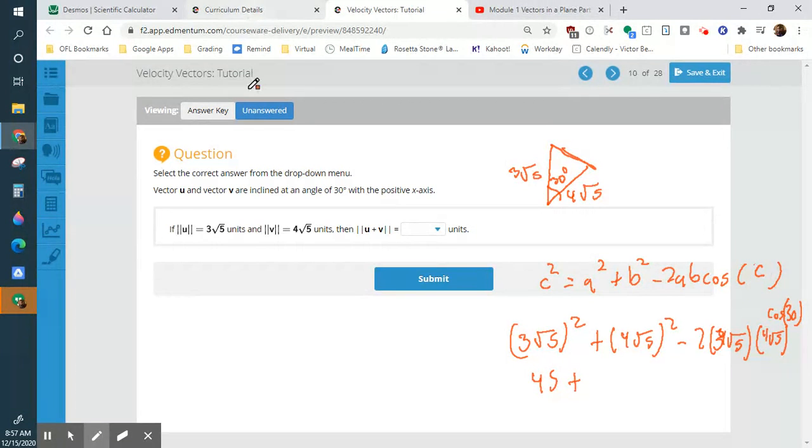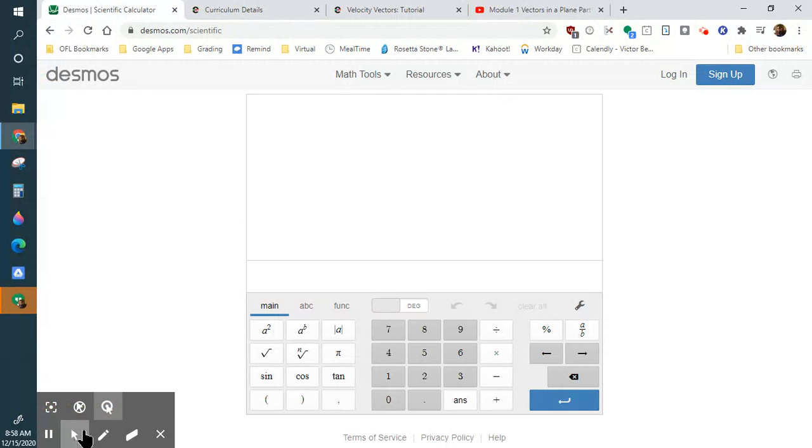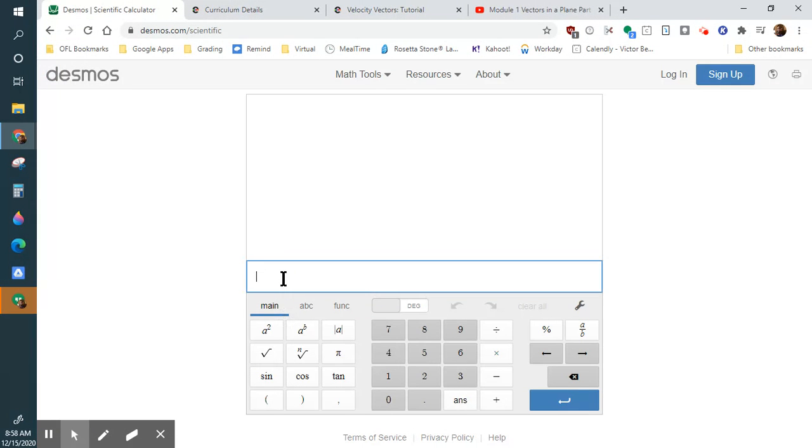So let me go back to Desmos here. I'm going to do parentheses 5, square root of 5. What I want the parentheses there, Desmos. 6 squared.